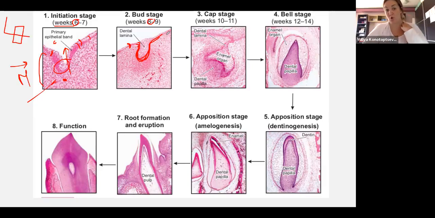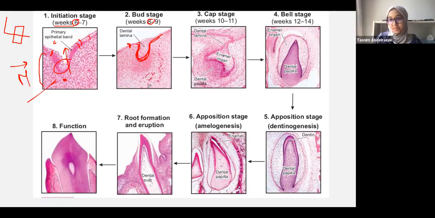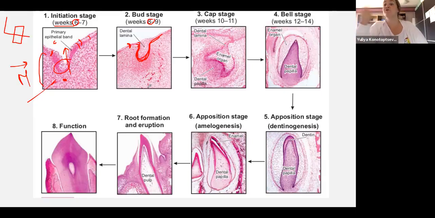So this is your homework: research the skull of a 1 or 2 month old baby. What is the total number of buds you are expecting? 20 plus 32, we have 52. Eventually you're expecting 52 buds in the entire oral cavity, because these buds will come out to be teeth.